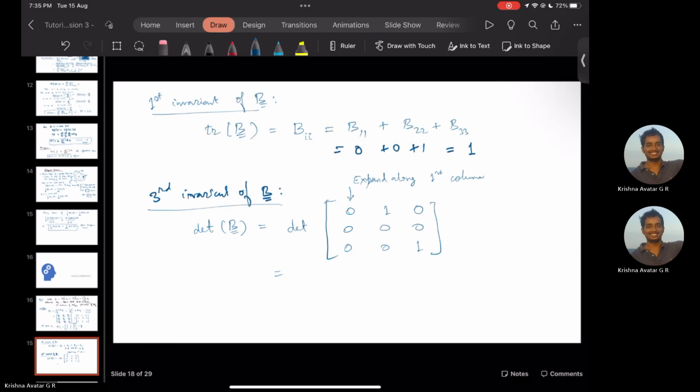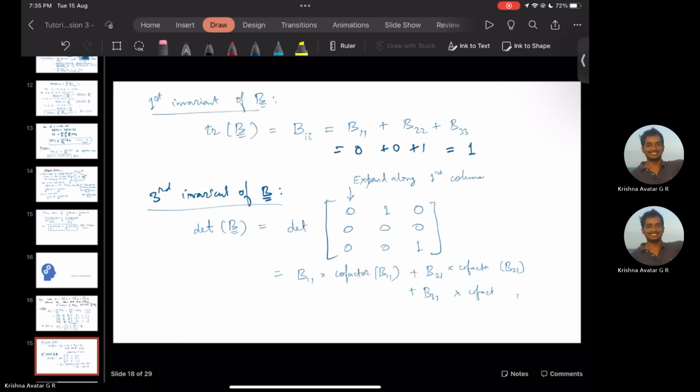So it means we have B11 into the cofactor of B11, plus B21 into the cofactor of B21, plus B31 into the cofactor of B31.